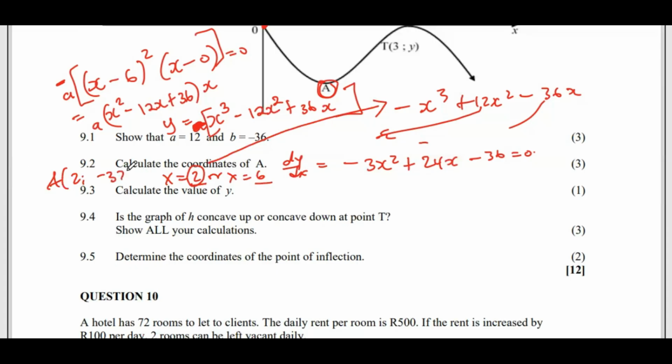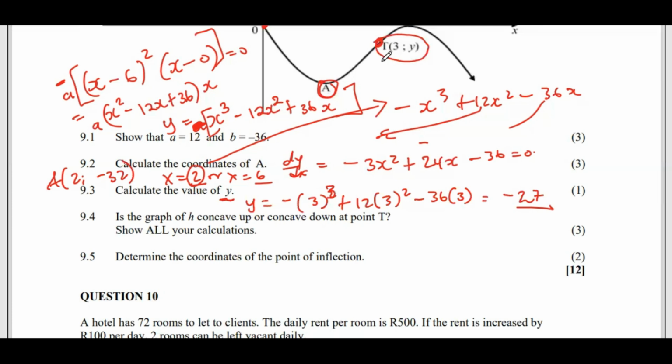Okay, so negative 32 becomes the answer. Then they want us to get the value of y around about here. So if x is 3, what is y? So just replace that: negative 3 cubed plus 12 times 3 squared minus 36 times 3. Okay, so that is giving me negative 27.